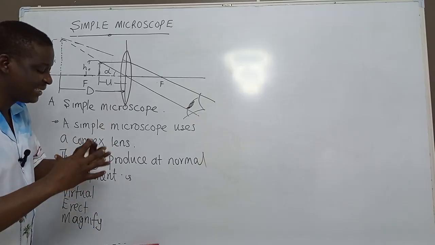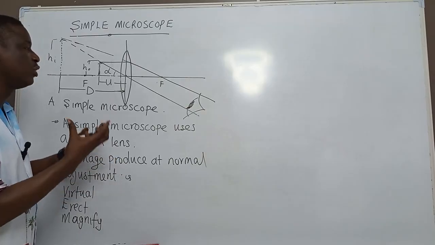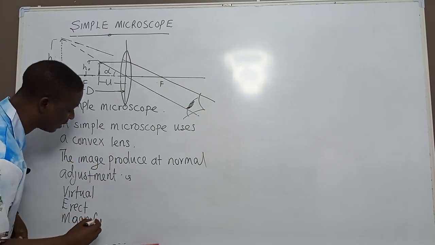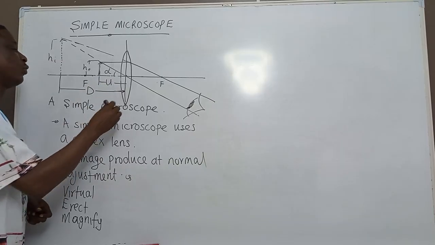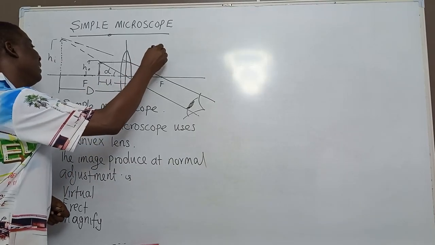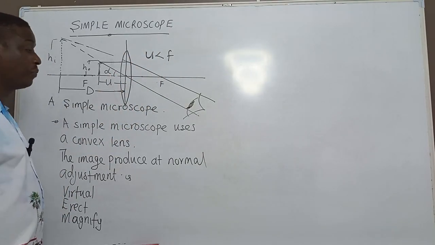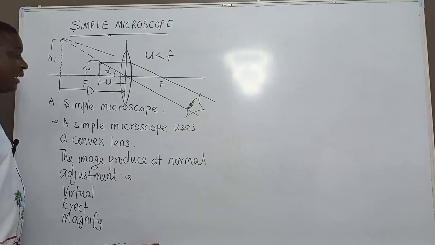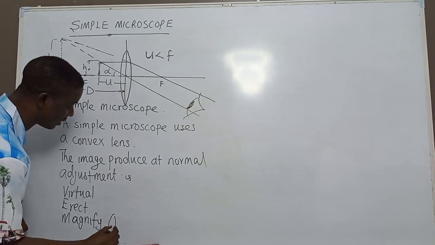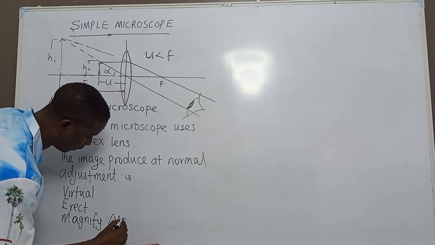That means when the object is within the focus, the object must be less than the focal length. The object in question must be less than the focal length. So the shortcut to remember this is what we call the VEM.